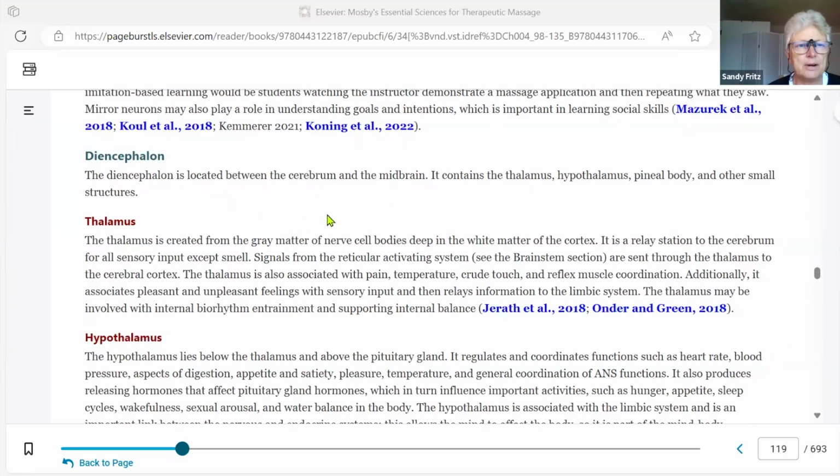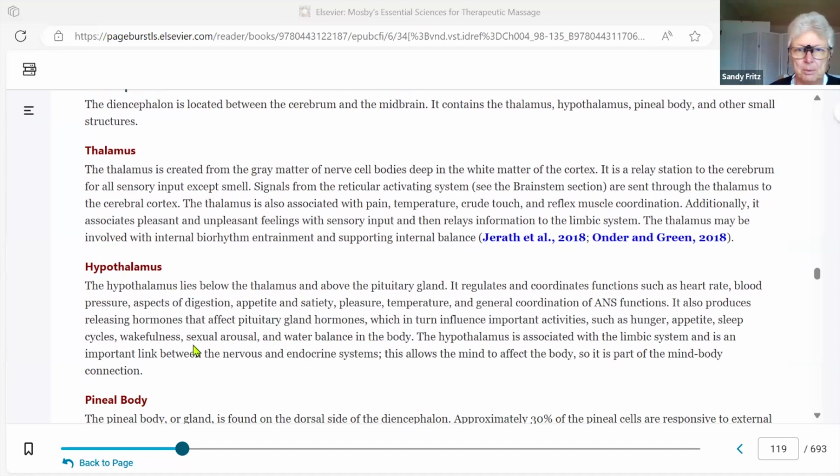These other parts of the brain are more in the brain stem area, and the hypothalamus is real important, because this is where communication transfers. Nervous system information is processed through the thalamus into the hypothalamus. Decisions are made about where to take the information next. Does it go to the endocrine system? Is it processed as a reflex?